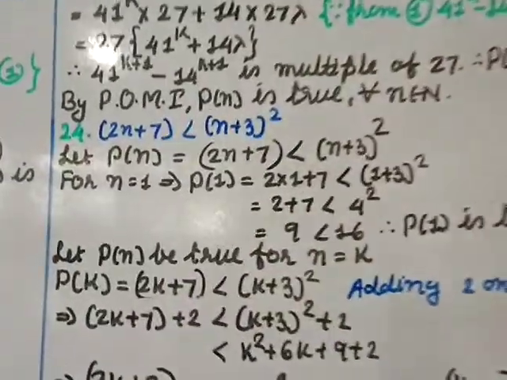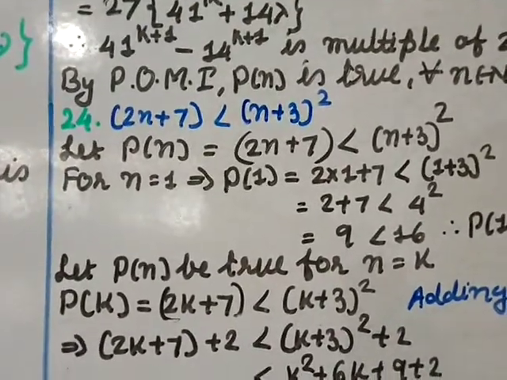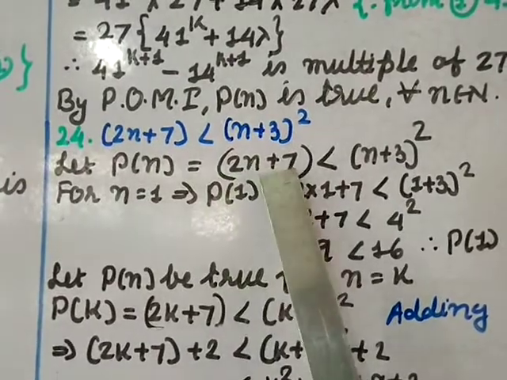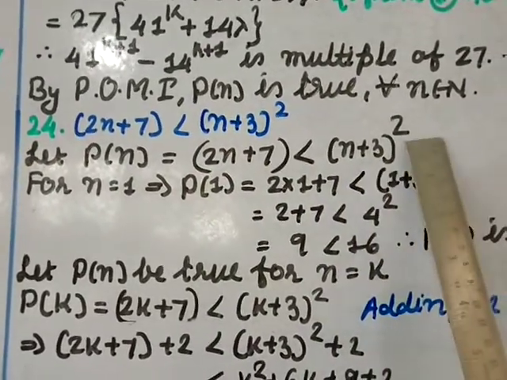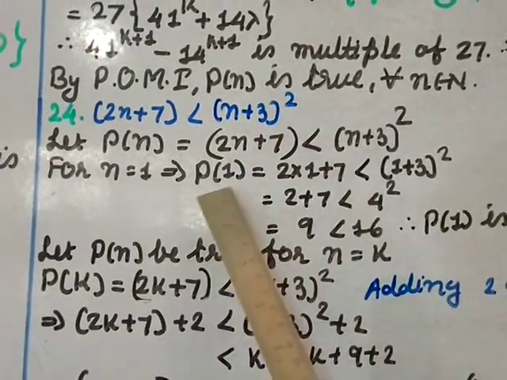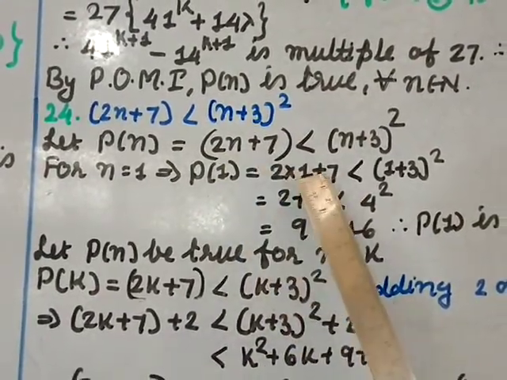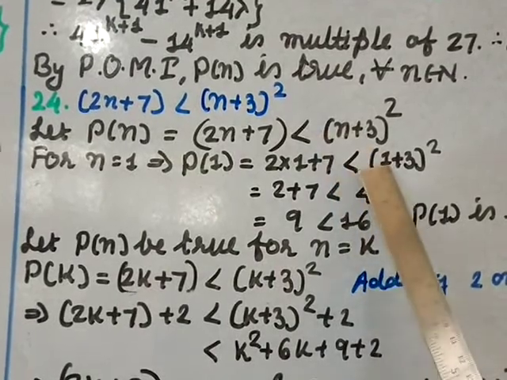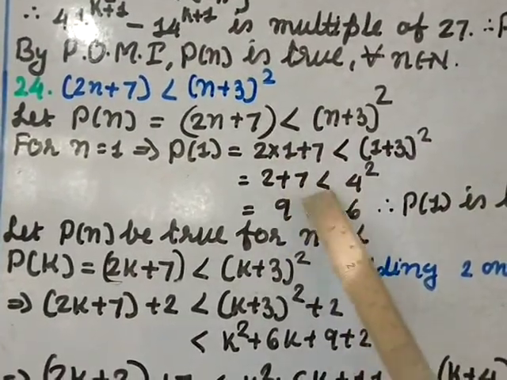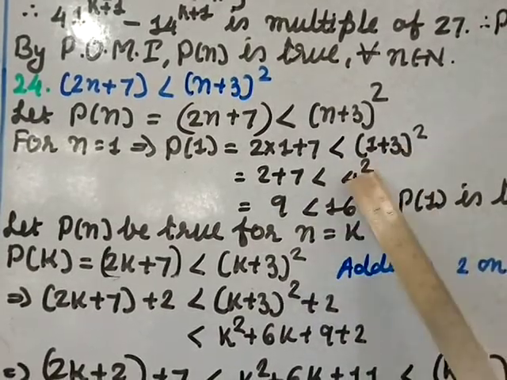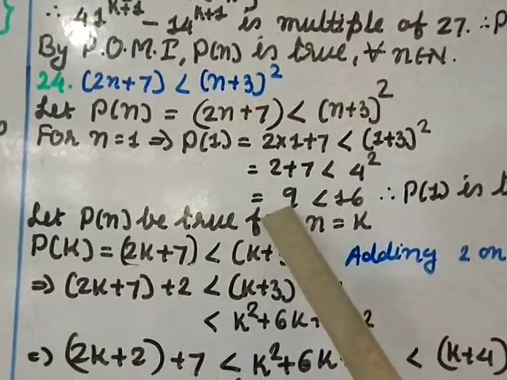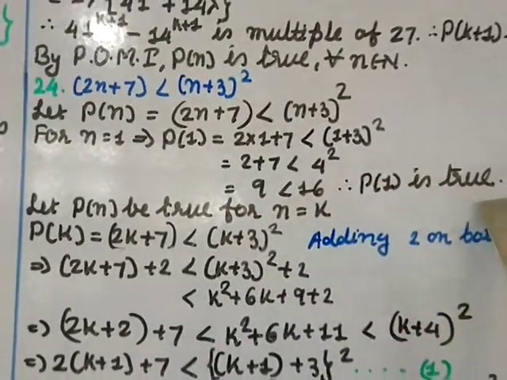Question number 24. 2n plus 7 less than n plus 3 whole square. Let Pn equal to 2n plus 7 less than n plus 3 whole square. For n equal to 1, put 1 here, put 1 here. So P1 equal to 2 into 1 plus 7 less than, instead of n, 1 plus 3 whole square. 2 into 1 is 2 plus 7 is 9, less than 1 plus 3 is 4 and the square is 16, and we know 9 is less than 16, therefore P1 is true.